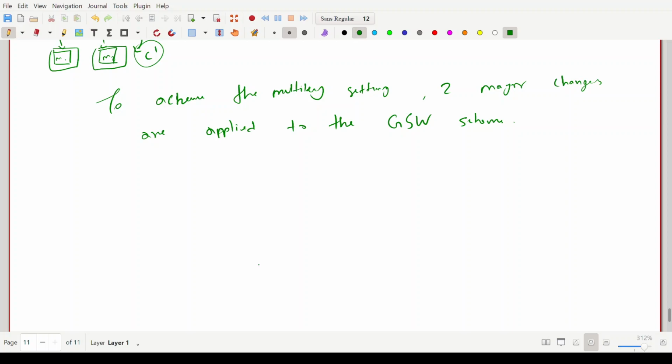The public keys of the participants will depend on each other. That means the new ciphertext which I am having should be encrypted by a public key, and that public key depends on the others.